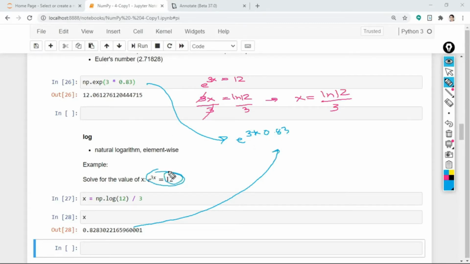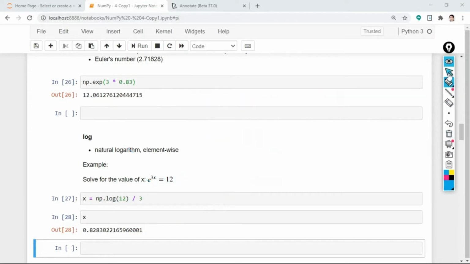So the two are equivalent. Although it has a certain precision, theoretically it's 12. If you are solving the value of x in terms of e, you take the natural logarithm of both sides to cancel this one out. So this will be the result. Anyway, if you don't understand this concept, you can review your logarithms. Let me erase the annotations.